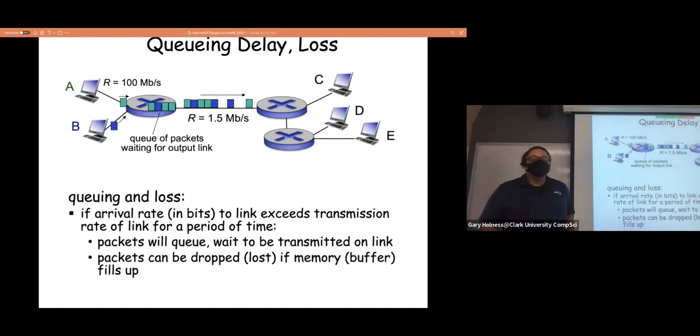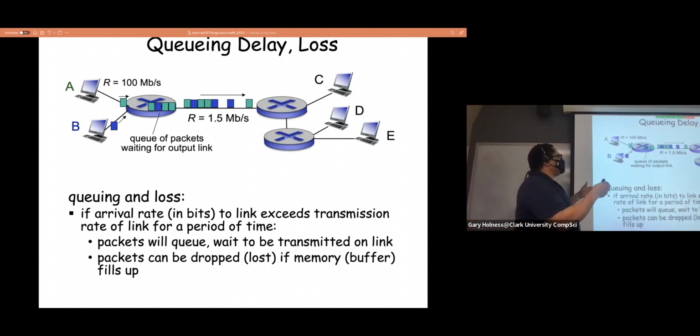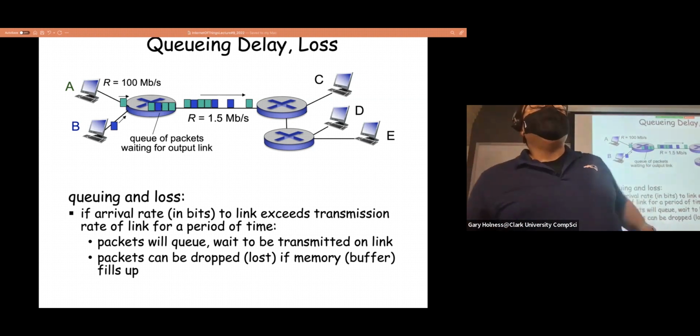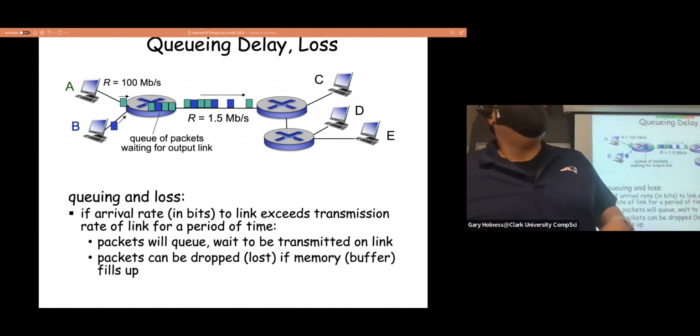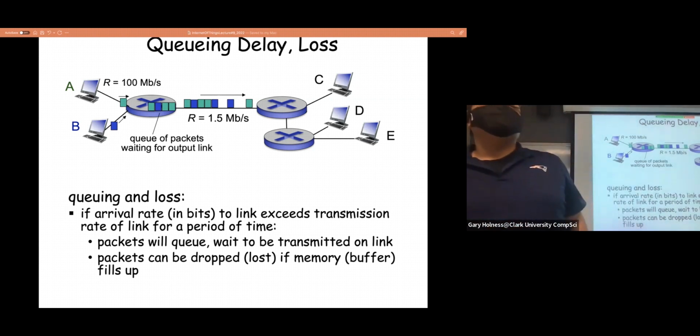And so this loss happens because the data rate of packets going into the router is bigger than the transmission rate of packets leaving the router. They queue up, and they queue up enough such that you have no more space left and you have to drop a packet. And again, that choice of which packet to drop, there are many ways to do it. It can be random or it can be based on who has the premium packets, so to speak. Any questions? No questions? Does that make sense?